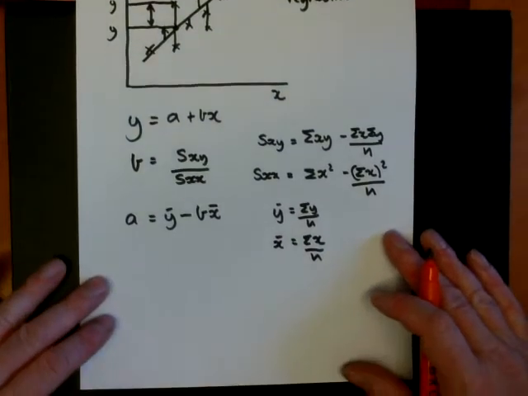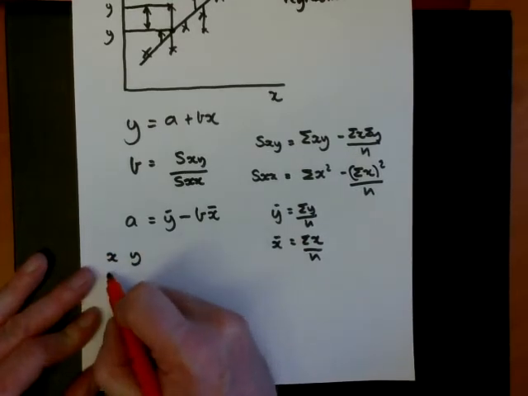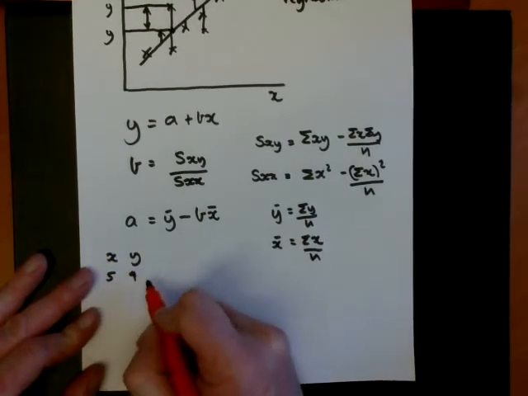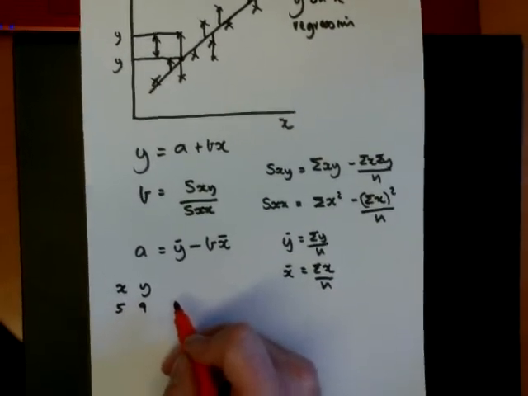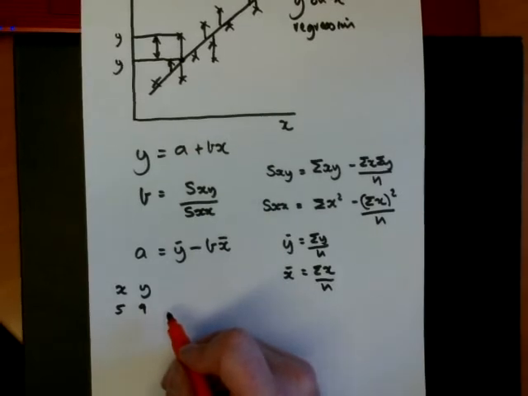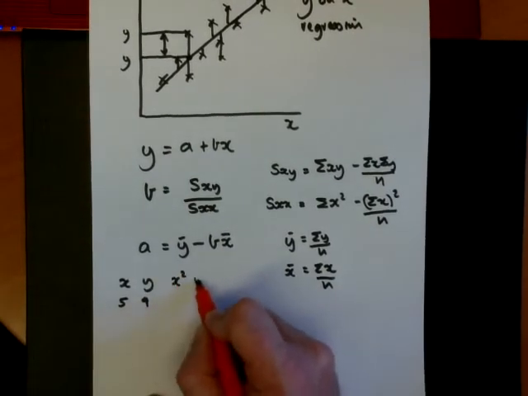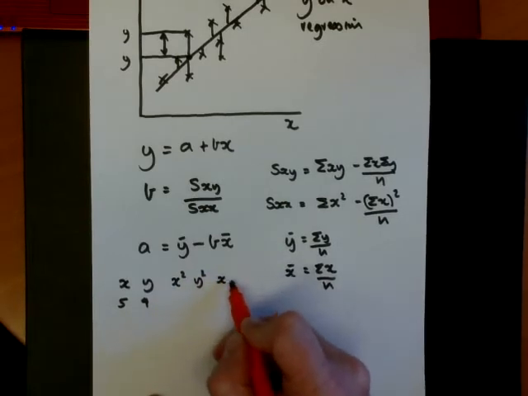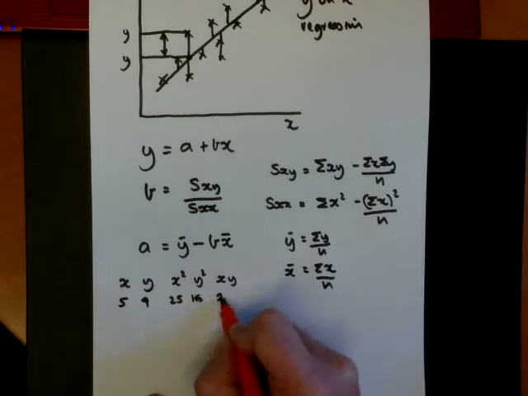Now, again, I'll just remind you that your information in the table will probably be given to you like this. You have, maybe say, 5 and 4. Say that could be two measurements taken, the number of spellings we got right in the first test and the second test. So we need x squared, y squared, and xy columns, and it would be 25, 16 and 20.